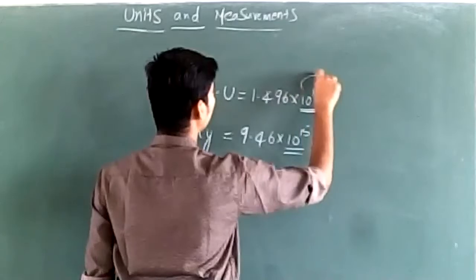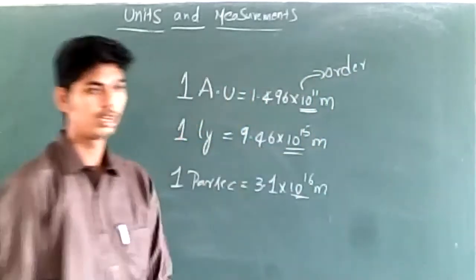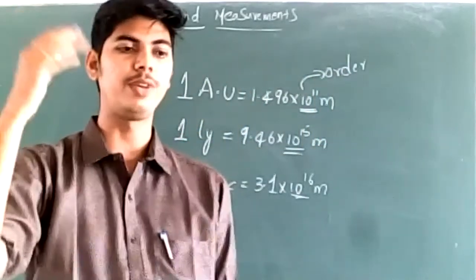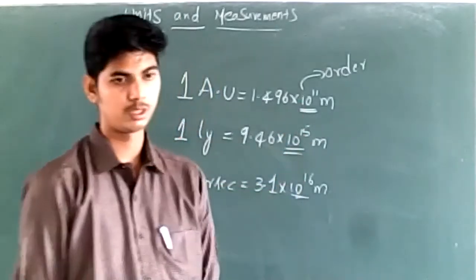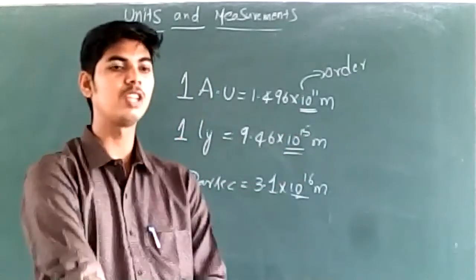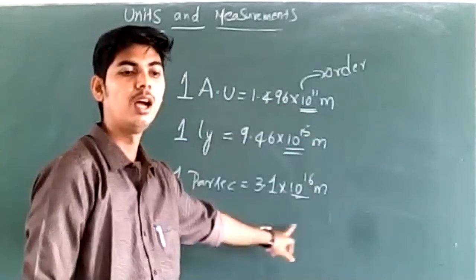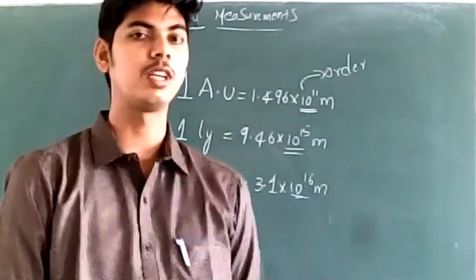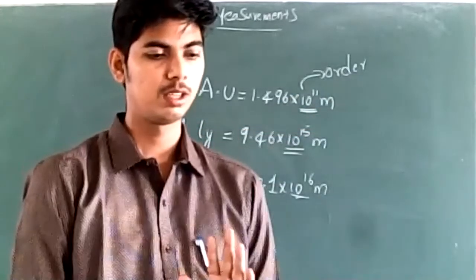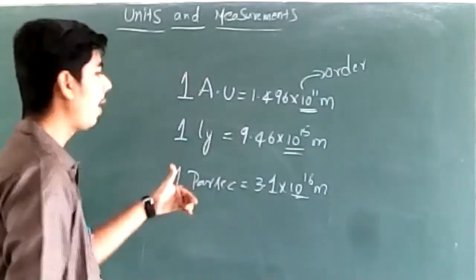These are called order. 10 power 11, 10 power 15, 10 power 16, we call these the order. Which is the larger unit? This is 10 power 11, this is 10 power 15, and parsec has order of 10 power 16. So which is greater? Parsec is greater. Parsec is the greater unit. Then can we compare this?